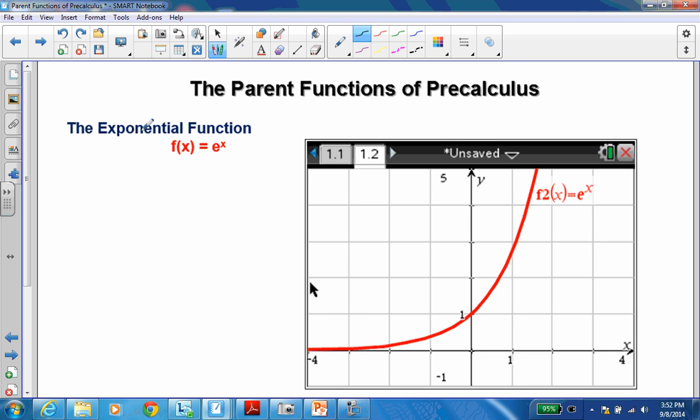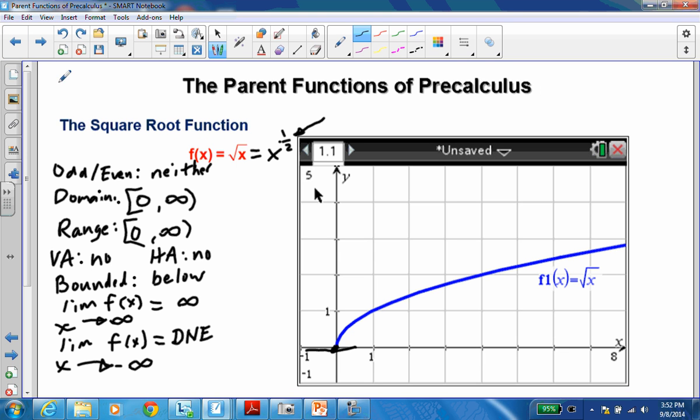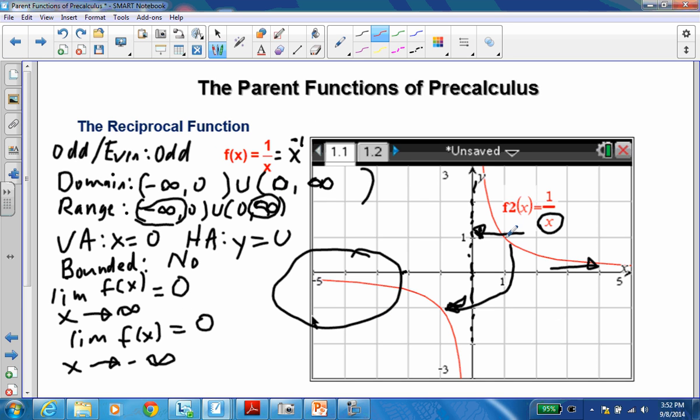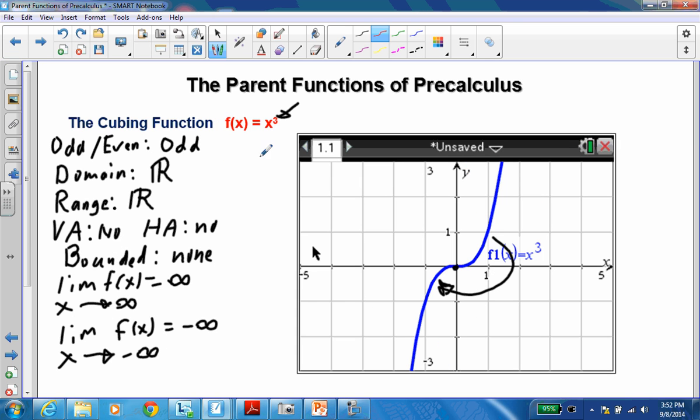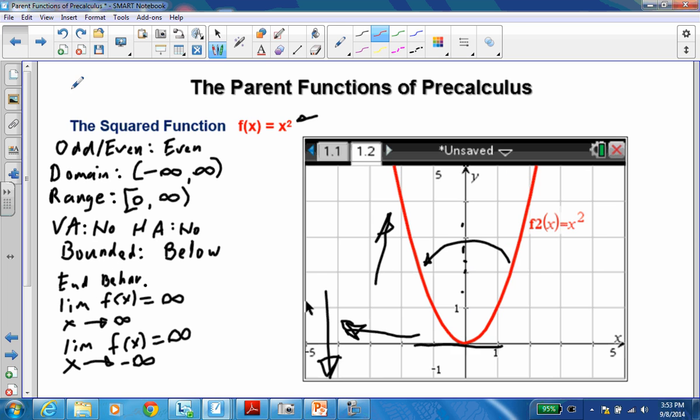This one here. Oh, before we go on here, I want to show you something: most parent functions, in fact, all the ones we've looked at so far, go through this point 1, 1. See that? In fact, all these parent functions that have x to the power of something will have 1, 1 as one of the points on the function.